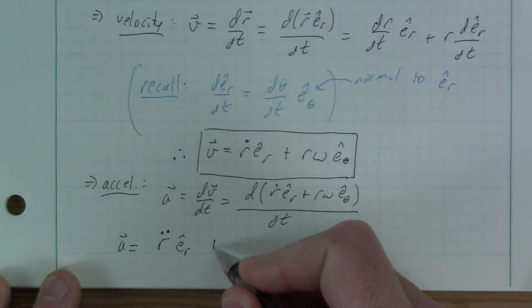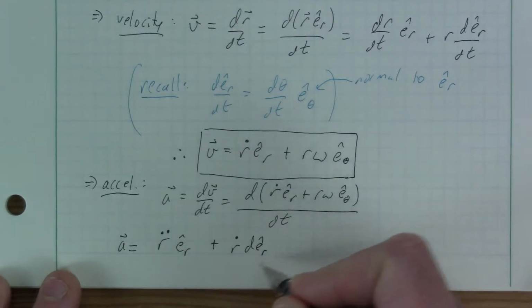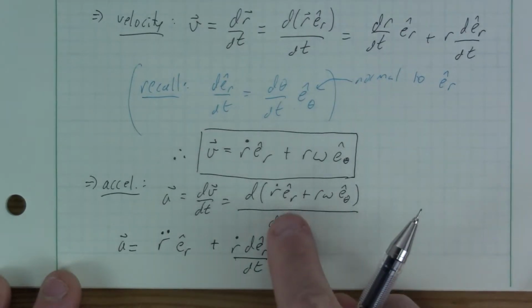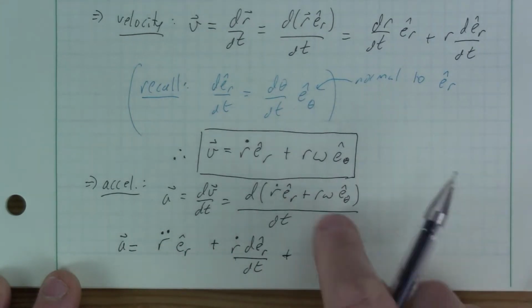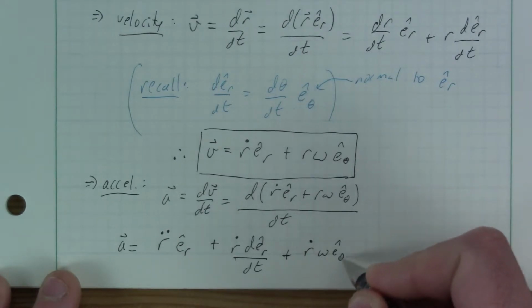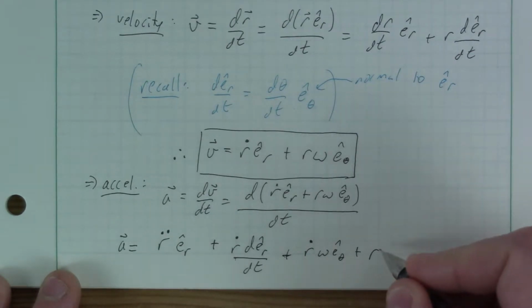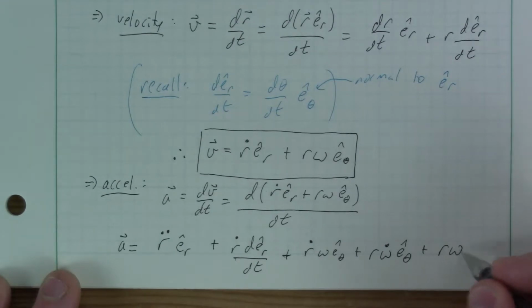We then have r dot d e hat r/dt. So that's the product rule for that first term. Now we jump to the product rule for the second term: derivative of the first, keep the others the same; derivative of the middle, omega dot, keep the others the same; and then derivative of the last. And that's the nice expansion.